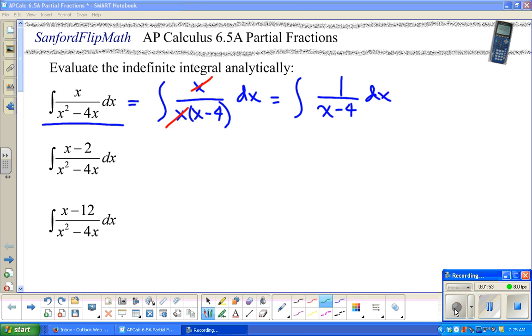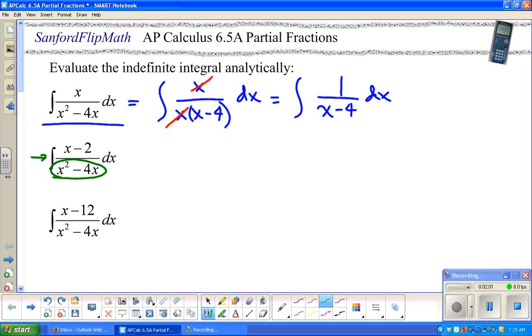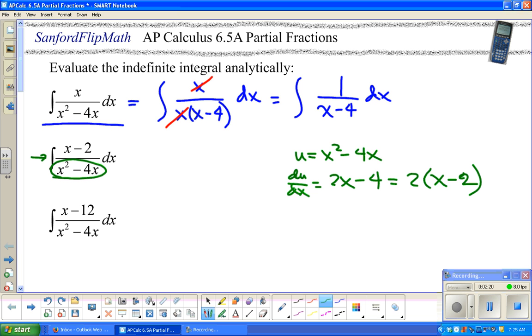Next up, the second problem. If you notice, this denominator, if I take the derivative of it, so if I say x squared minus 4x is u, then du dx is 2x minus 4, which may not be obvious, but this is actually 2 times that numerator.